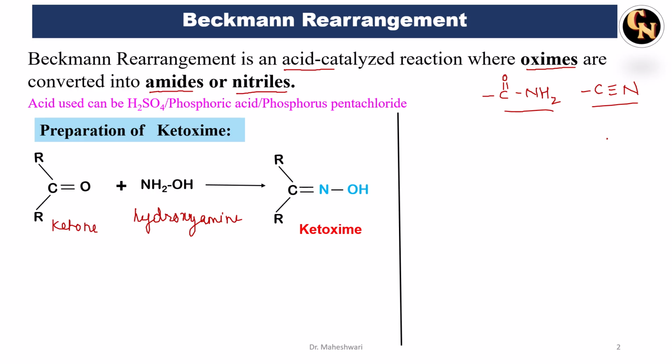What will happen? As we know, nitrogen carries a lone pair. So this lone pair will act as a nucleophile. It is going to attack the carbonyl group here, and oxygen will carry one of the hydrogens from the nitrogen. So basically the step goes like this: on the carbonyl there is, let us say, O minus. Let me show it in the same fashion as it is written. R, C, R. What has happened?